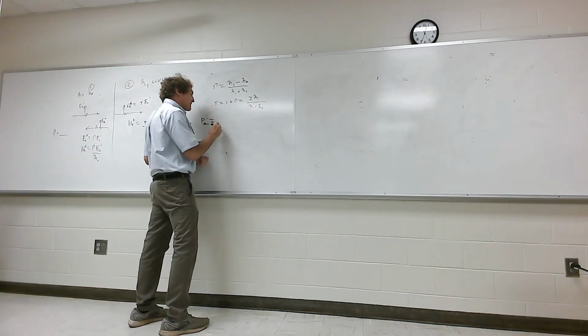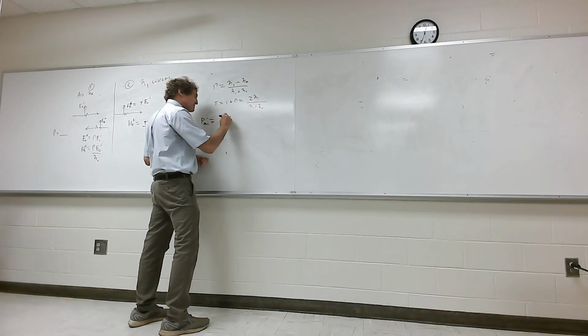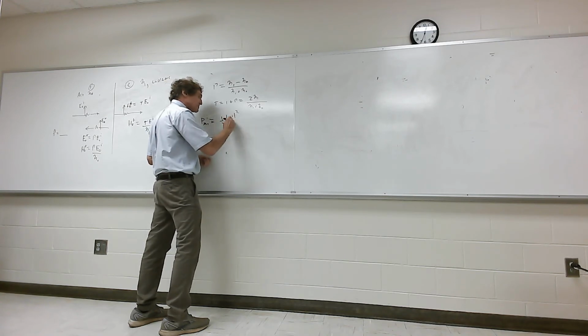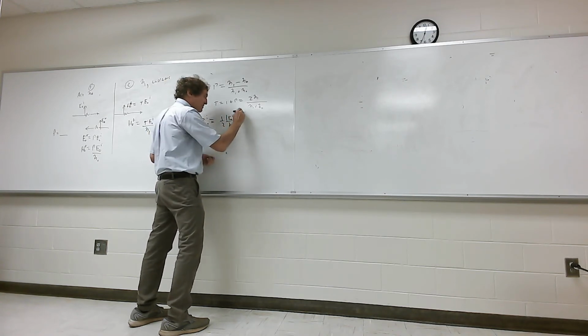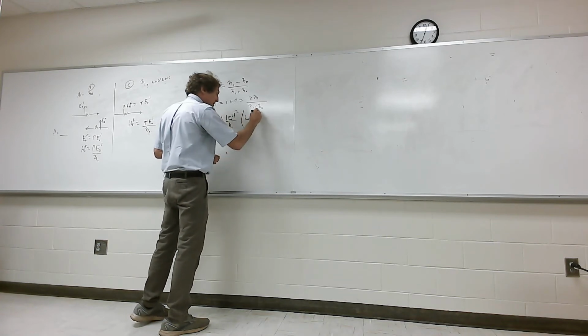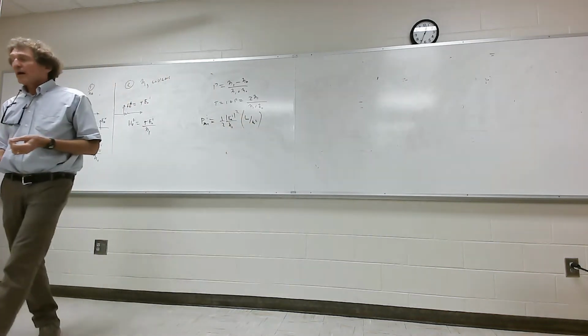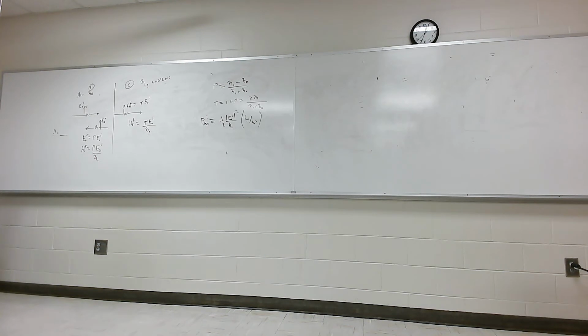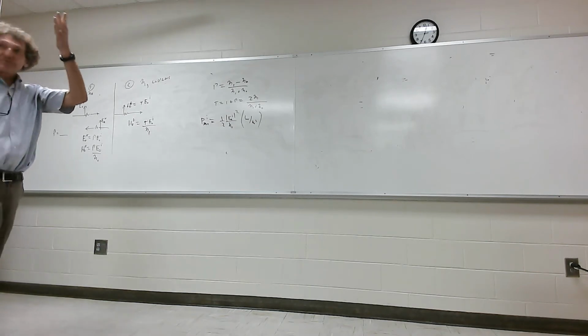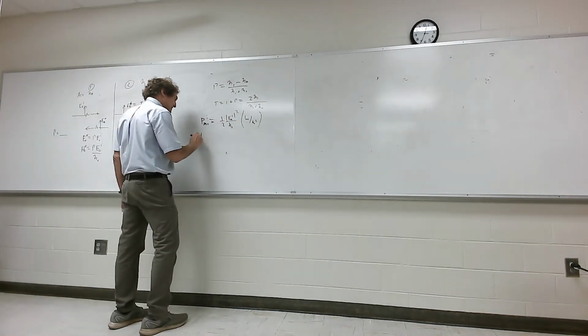This is incident. Yeah, 1/2 E0 incident squared over eta 0. It would be in watts per meter squared, right? Okay? Now, if I want the transmitted power density, what's the transmitted power density?